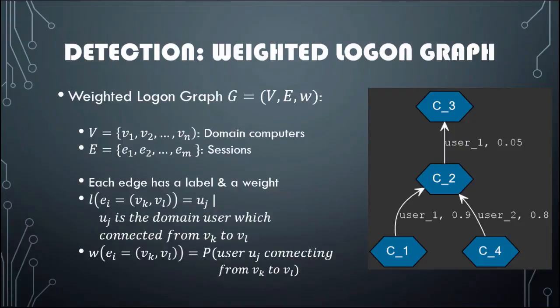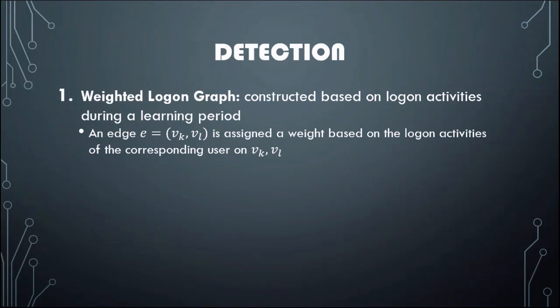Let's see how those definitions have anything to do with detecting an attack. All right, so the first thing that we need to do is to compute a weighted logon graph. This would be constructed based on the logon activities of the users in our environment during some learning period.